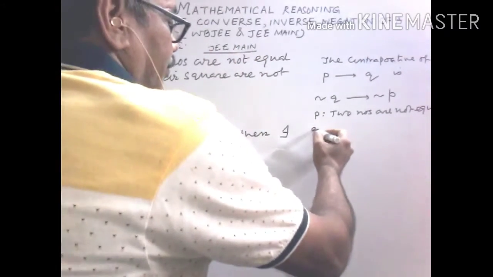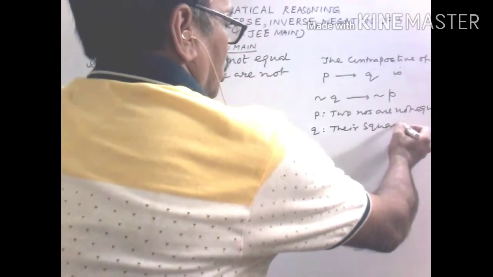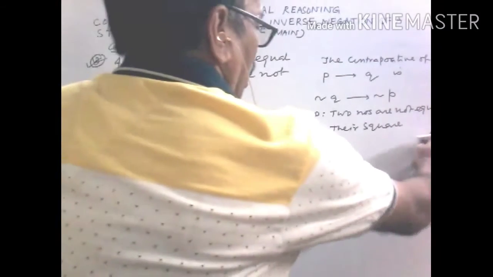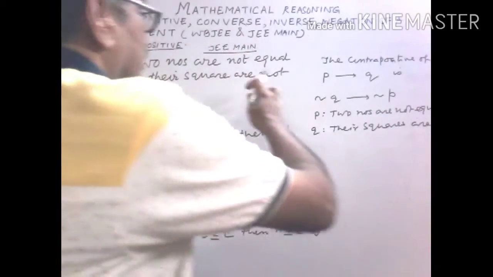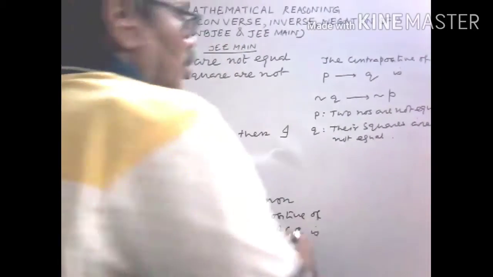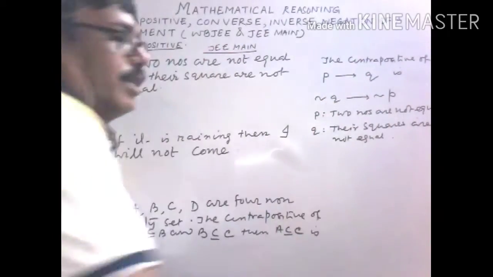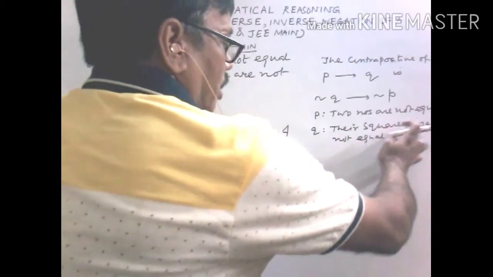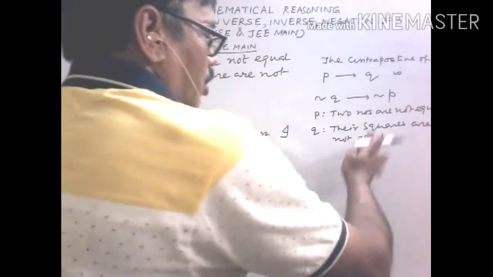Q: their squares are not equal. So contrapositive of P arrow Q is negation Q arrow negation P. So negation Q, their squares are not equal. So what is negation? Their squares are equal.